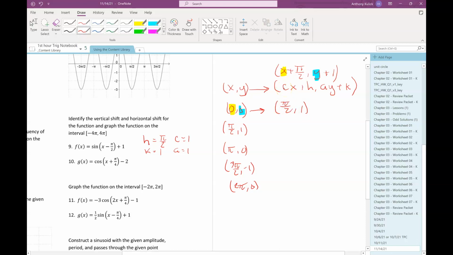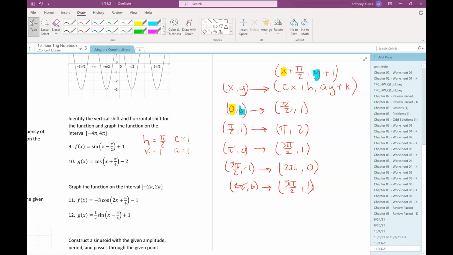Okay with that? Victoria, we're still going okay? And I'll just continue to do that for all these 5 points that I've listed, or the other 4 points, I guess. There's that. And then I will draw my graph.